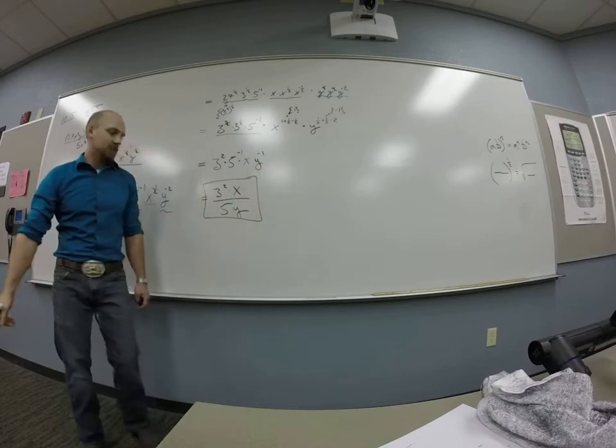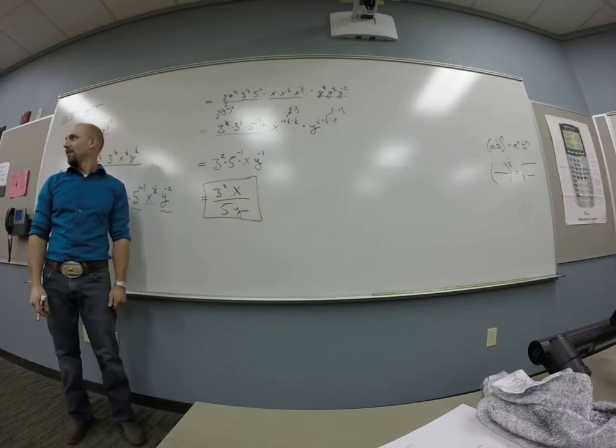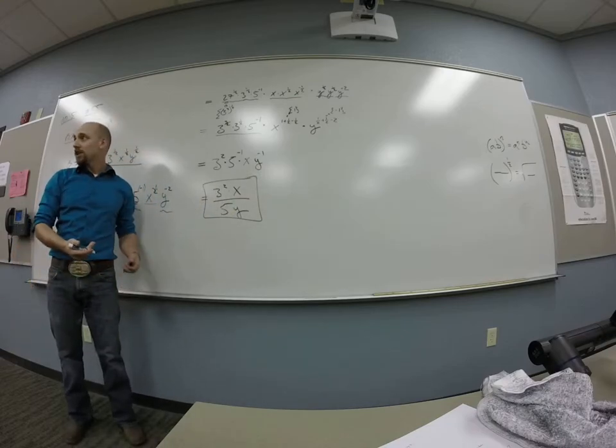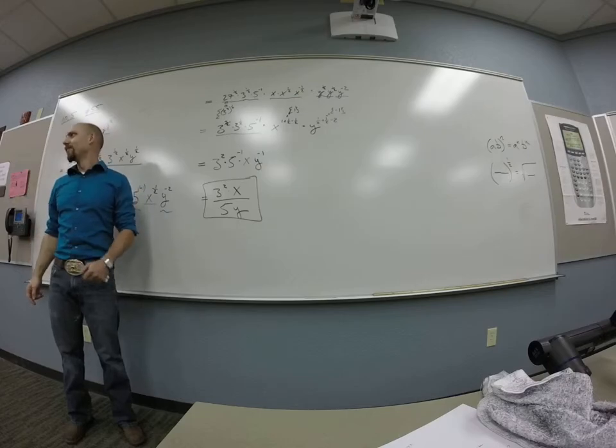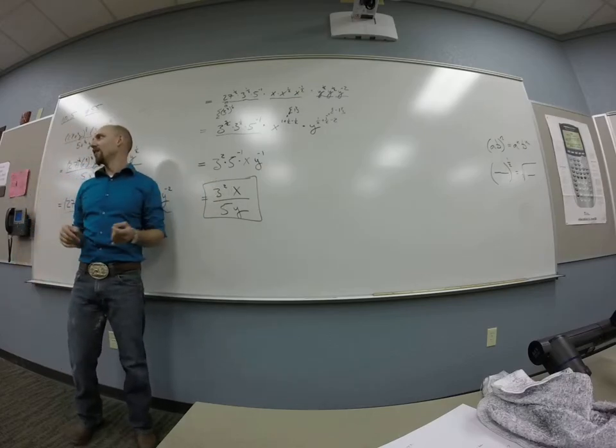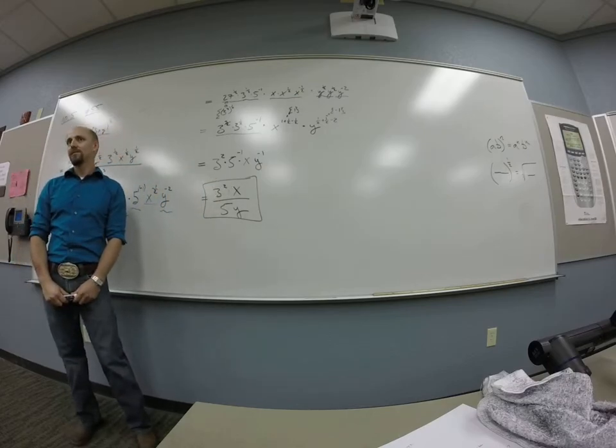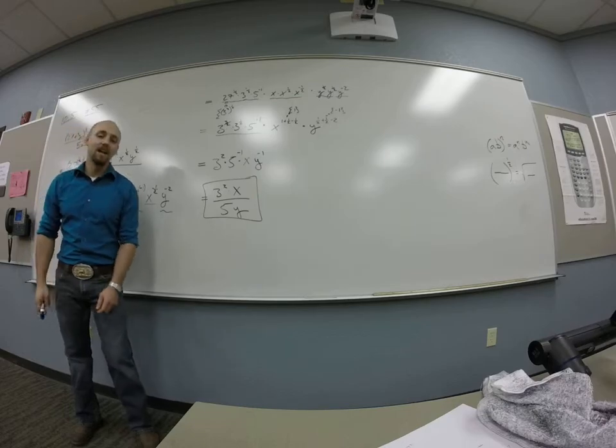You guys see we got the same thing? So you can do this either way. I would recommend having a little practice with both. 3 squared is 9. Cool with this? Let's do another example.